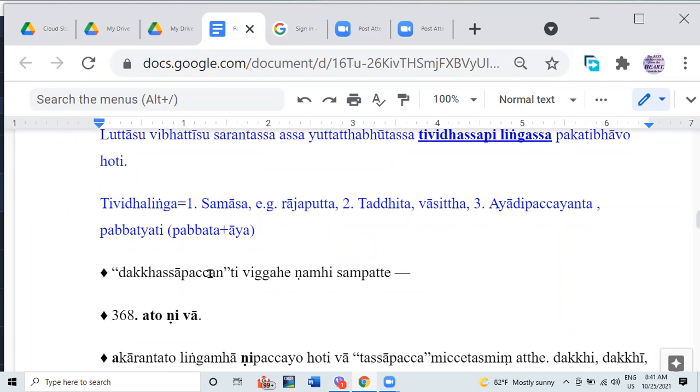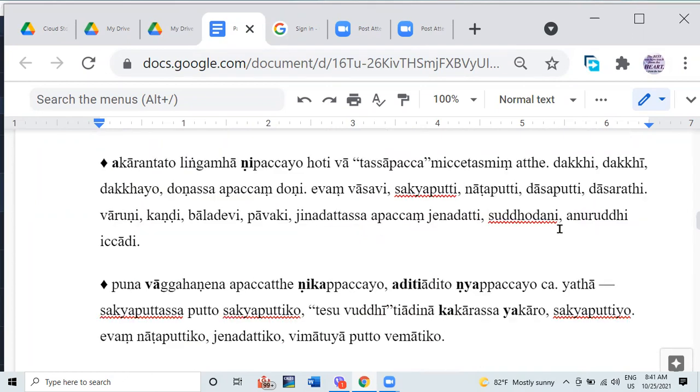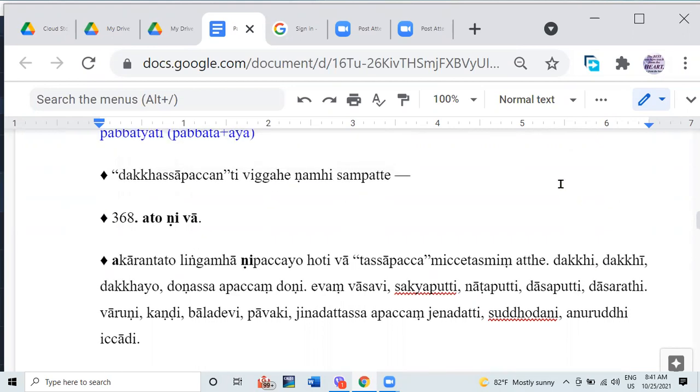But according to Moggallana, it is not like that. It is only, for example, here Daki: after Daka, Nasa is added, in the sense of apaja. So it is, I think, clearer.